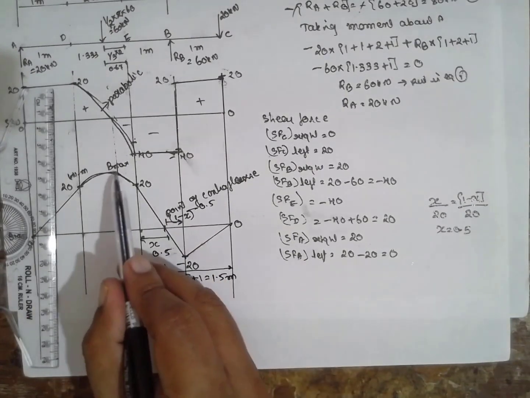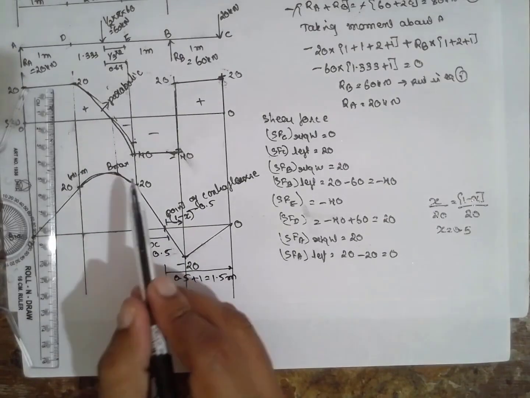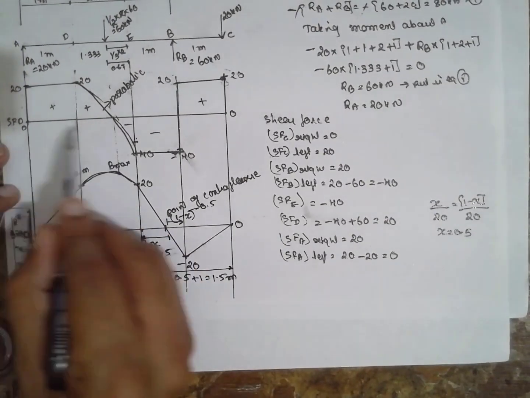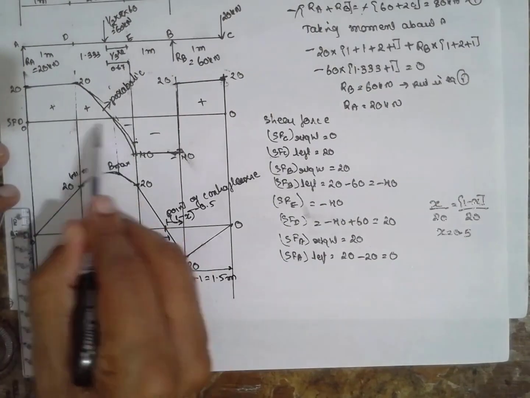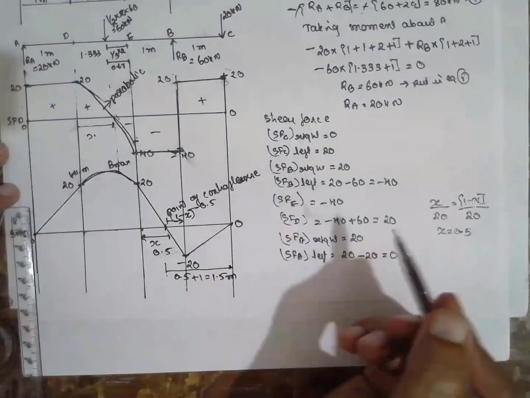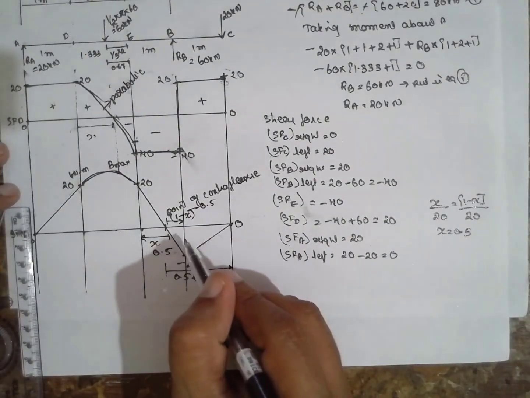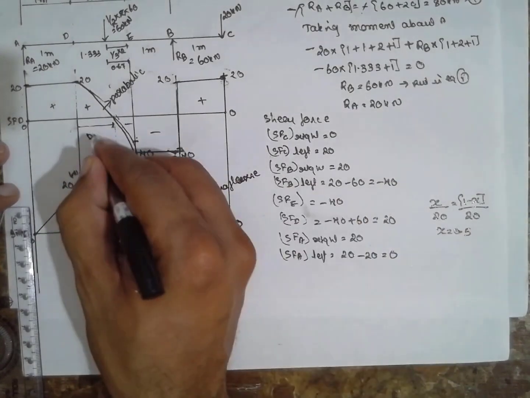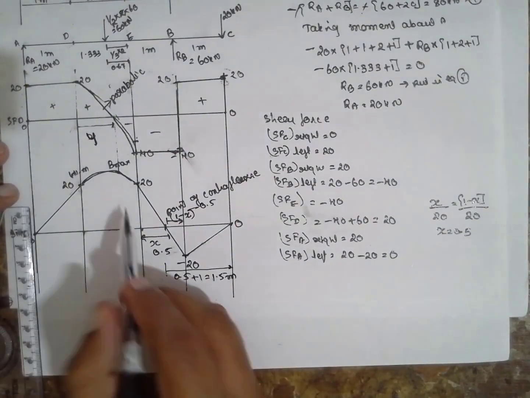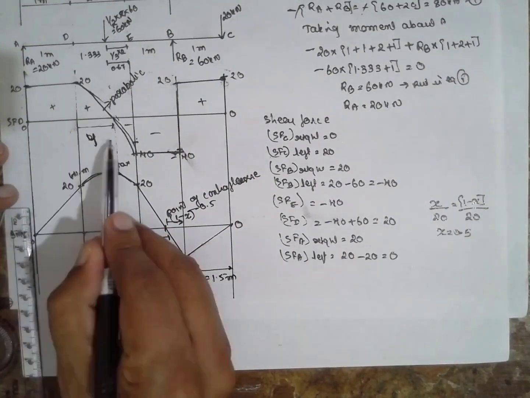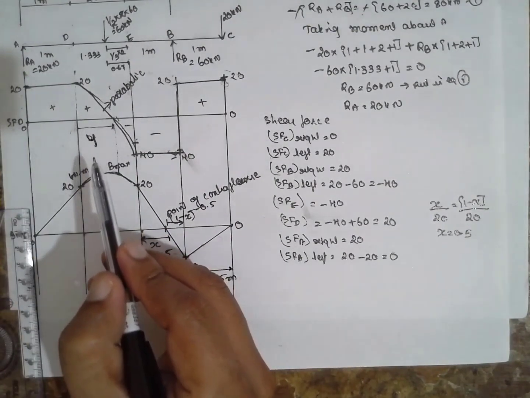Now we have to find out the maximum bending moment. Before finding it, you have to find out this distance x also. If you consider this as x, I will consider this as y. We have to find out the y, the complete distance. It is a very easy concept.